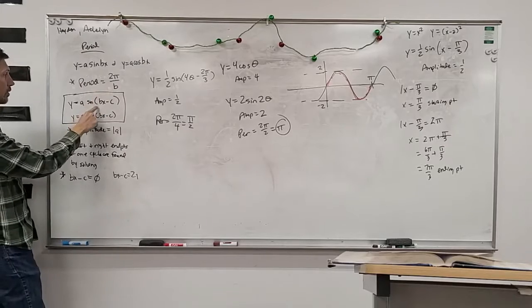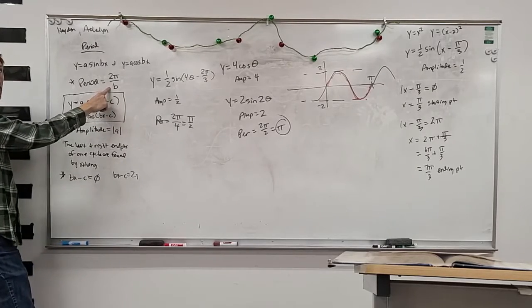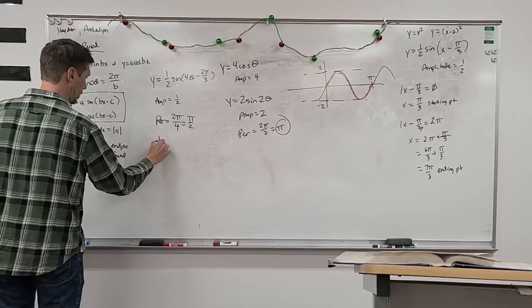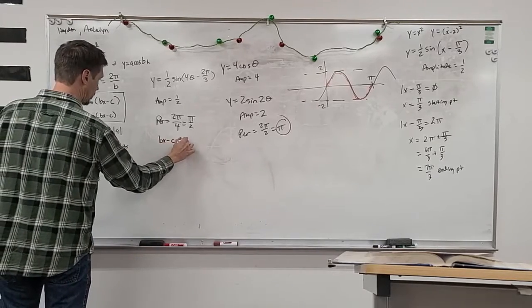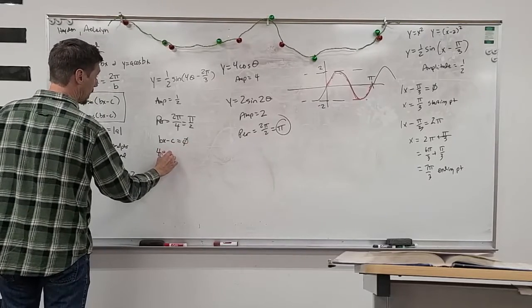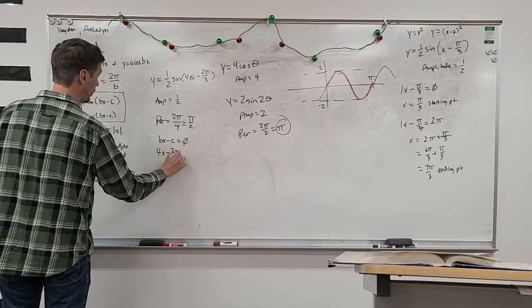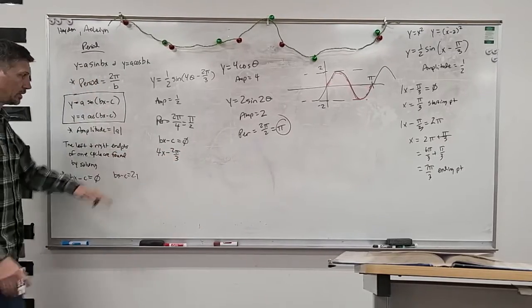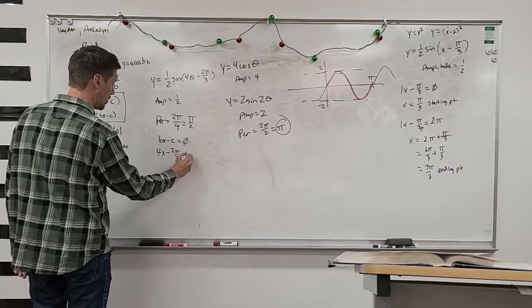Remember, this is our equation bx minus c, so for the period we're just looking at b. Now we're looking at c, and we know the starting point. Let's see what our starting point is. If we do bx minus c equals 0, we plug in those values: 4x minus 2 pi over 3, because remember in our original equation there's a minus in there, equals 0.